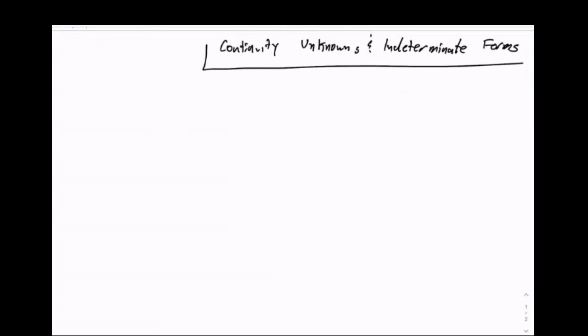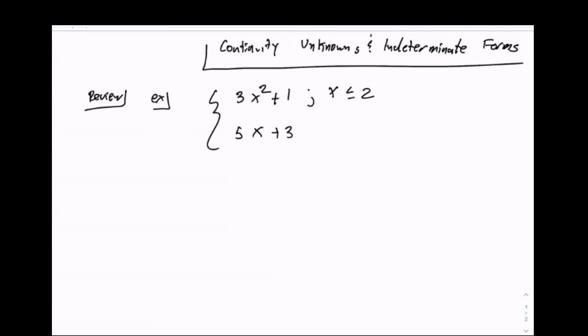All right. So in terms of review from yesterday, I gave you an example and it went something like: 3x squared plus 1 for x less than or equal to, let's say, 2, 13, and 5x plus 3 for x less than 2.